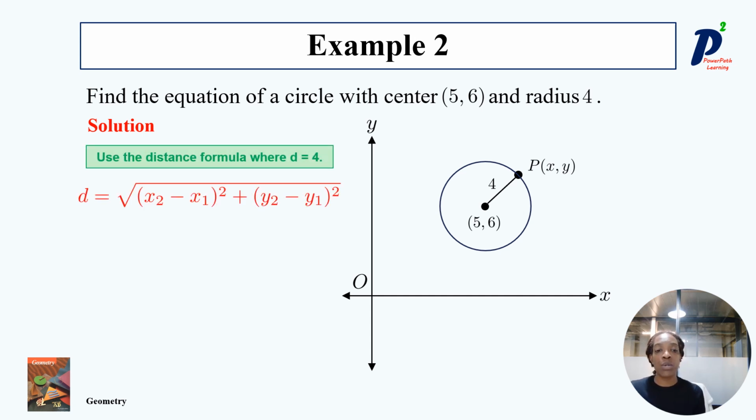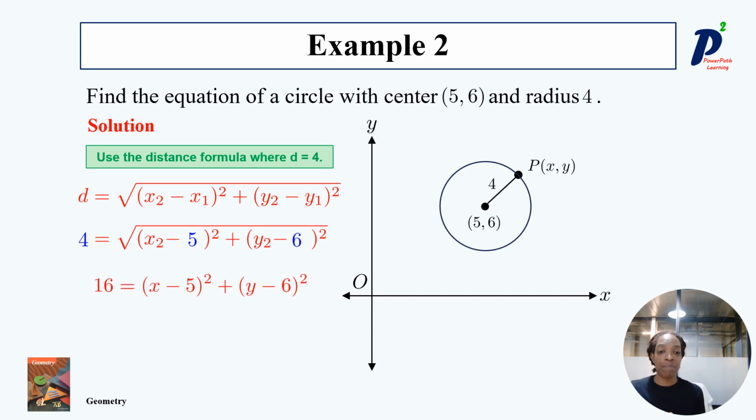We're going to substitute in d equals 4, x1 equals 5, and y1 equals 6. And now, all we do is we square both sides to get 16 equals (x minus 5) squared plus (y minus 6) squared. Just keep in mind, both of these equations, the bottom two equations, are acceptable answers. They're both equations of a circle. However, the second one is most commonly used, and we're going to see that in our next slide, which goes through the theorem.